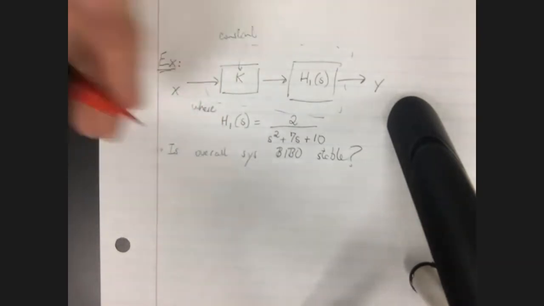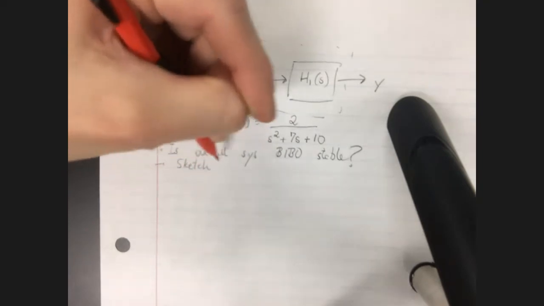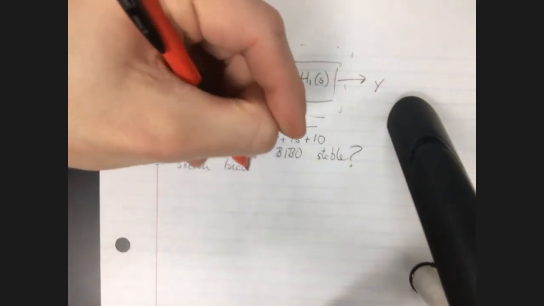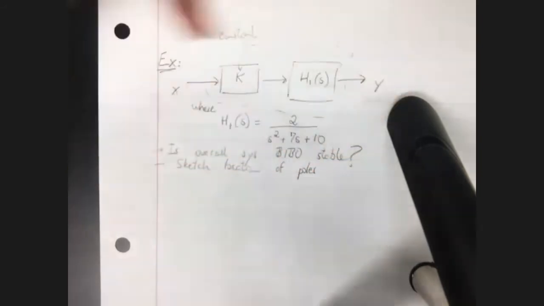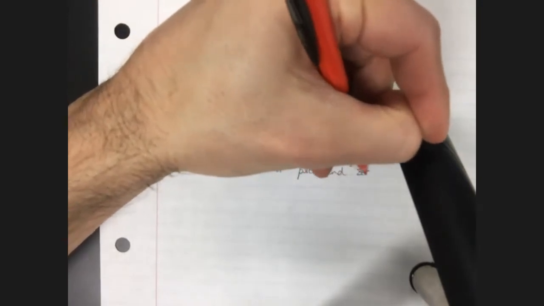And you know what, kind of tied to that, I'll ask you to sketch the location of poles and any zeros. There might not be any here, but poles and zeros.